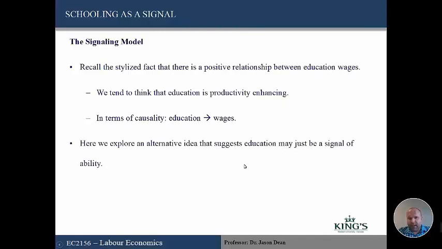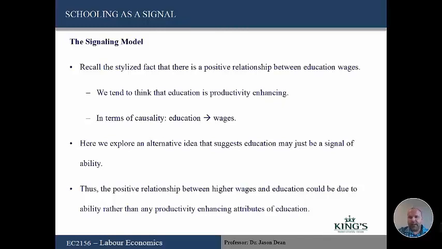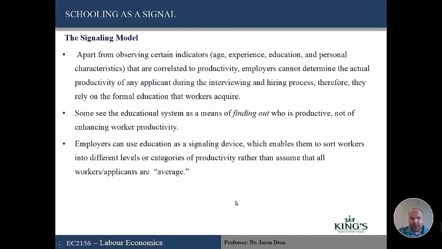But with this alternative theory, we can see that there could be a relationship between education and wages that has nothing to do with productivity, because basically we can think of education as a signal of ability rather than it actually creating the ability itself. So this relationship between education and wages could be due to ability rather than any productivity-enhancing attributes of education.